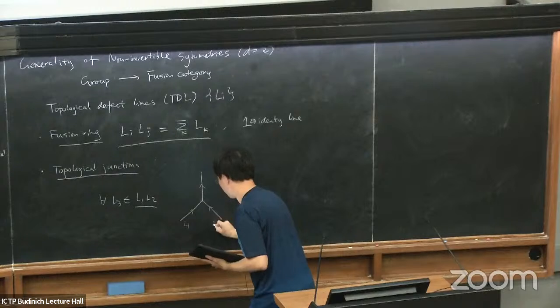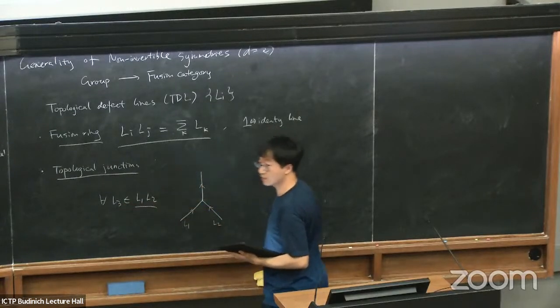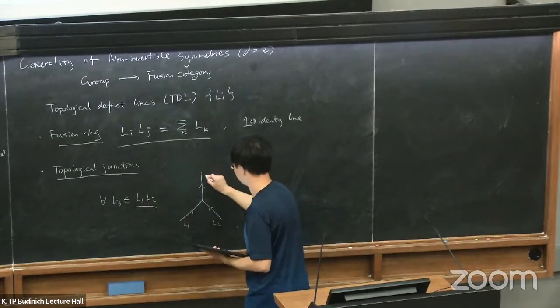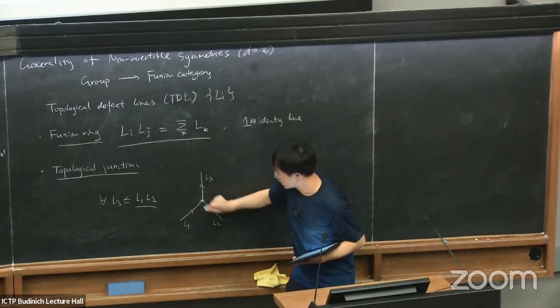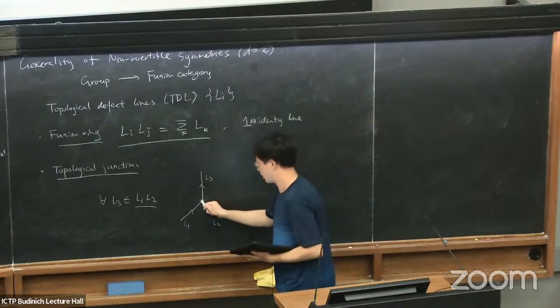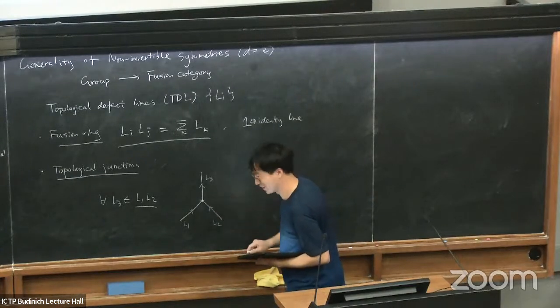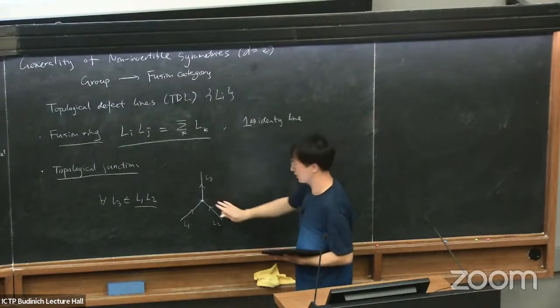This generalizes the topological junction that we saw when these are lines that generate group-like symmetries. The junction relies on a specification of this point.